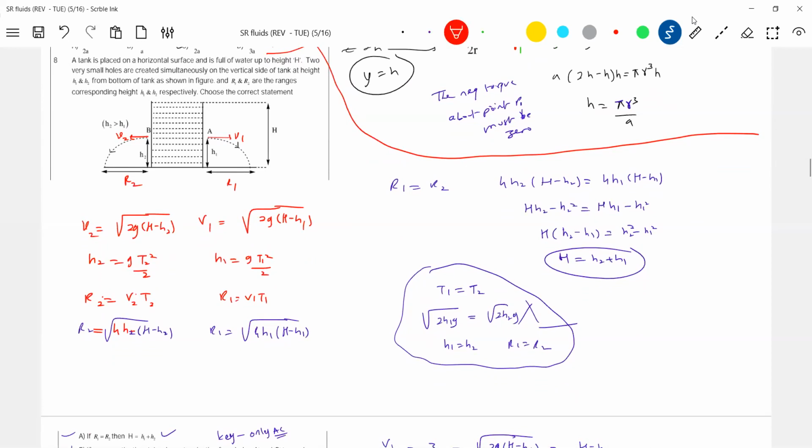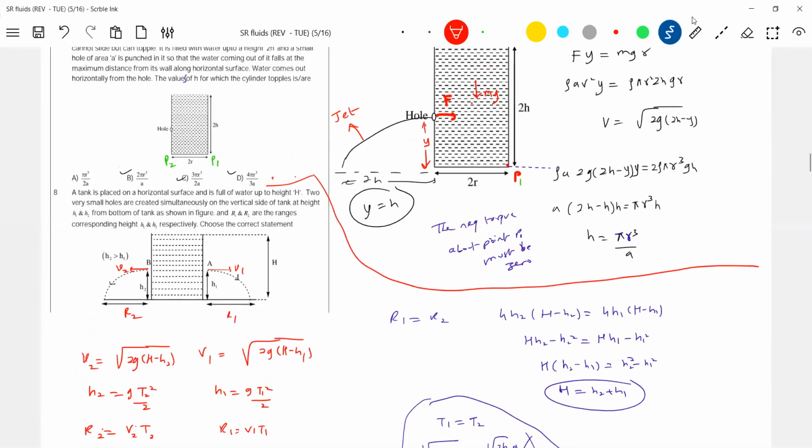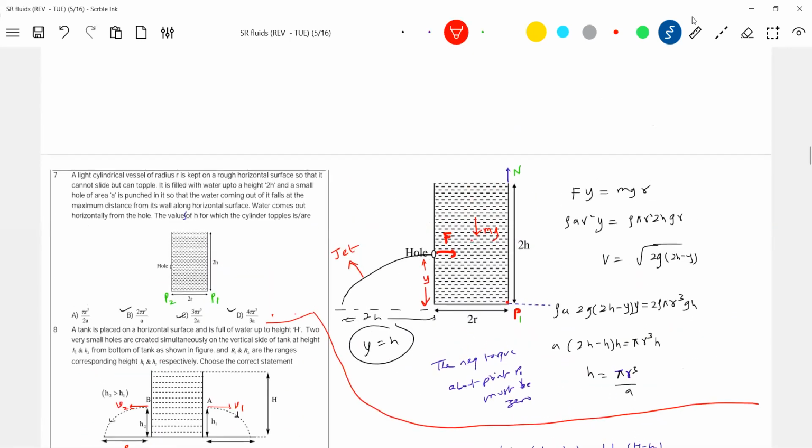Sir, can you repeat why two values? I'm not hearing.